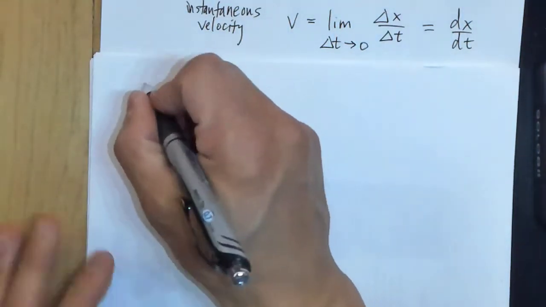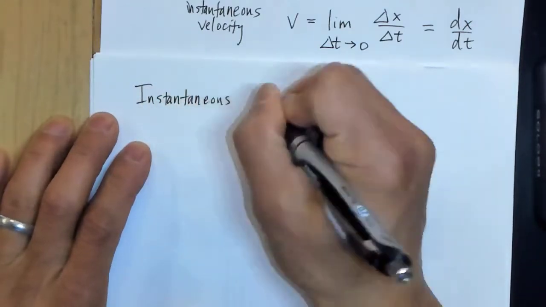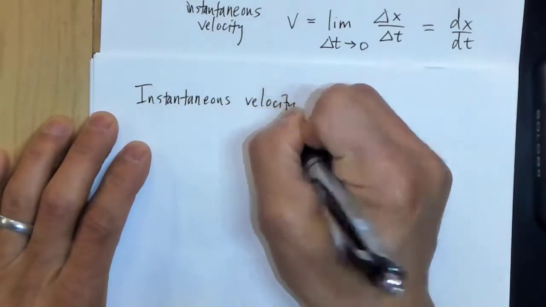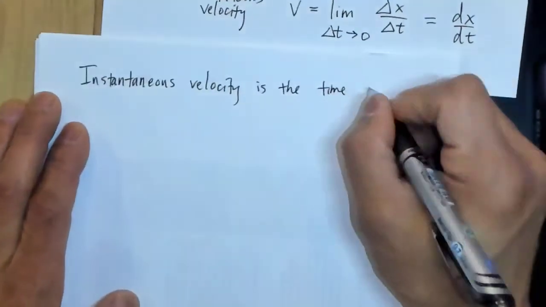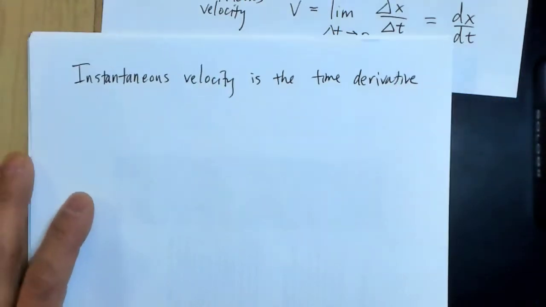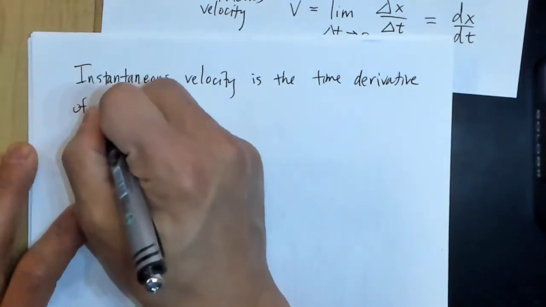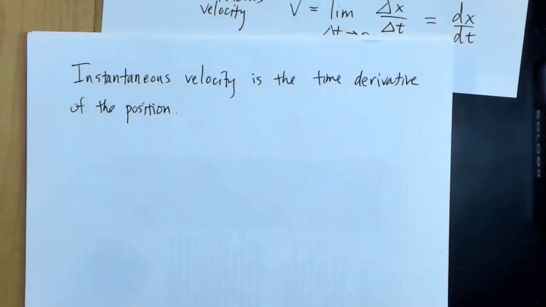So the instantaneous velocity is the time derivative of the position. Delta x, the change in the position, is what we call the displacement. Okay, any questions about this?